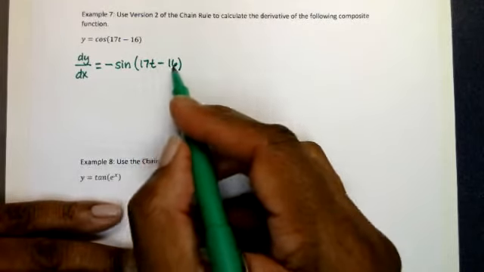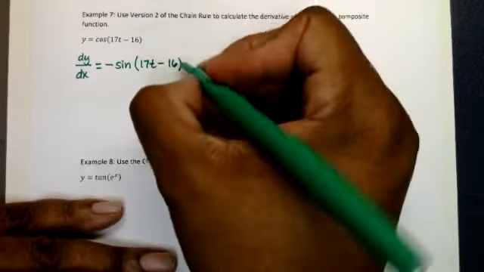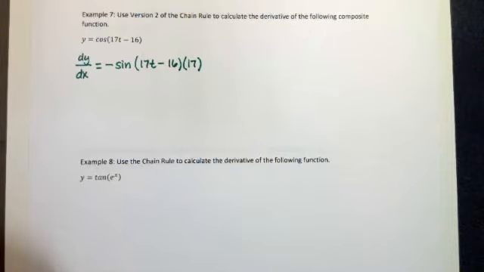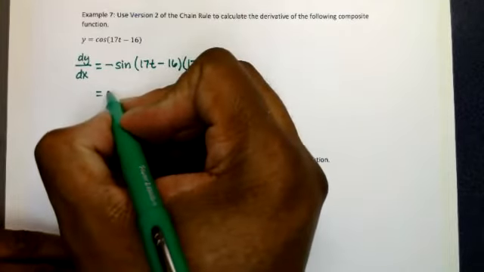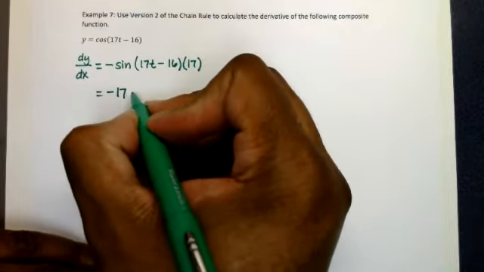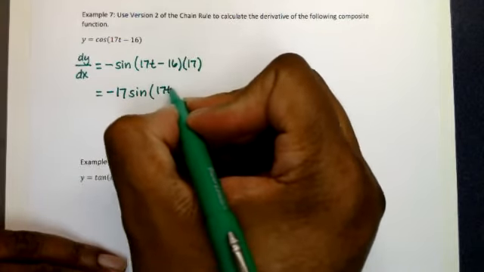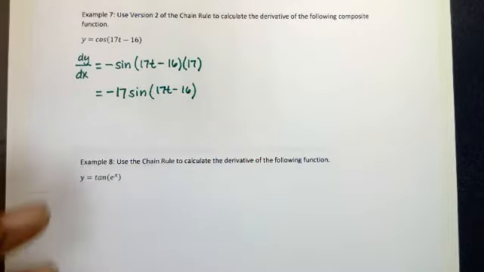And then I've got to take the derivative of 17t minus 16, which in this case is going to be 17. And then let's pull that 17 in front, so it'll be negative 17 times the sine of the quantity 17t minus 16. And we are done.